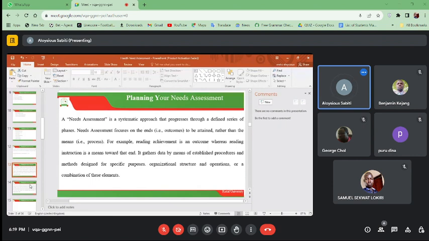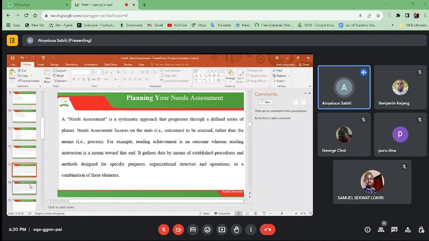process. Here, the example is that we don't necessarily look at what the processes are. For example, if you're doing a needs assessment to identify needs in a particular community, you don't look at the type of people you interviewed, or necessarily at the data collection process, all those.